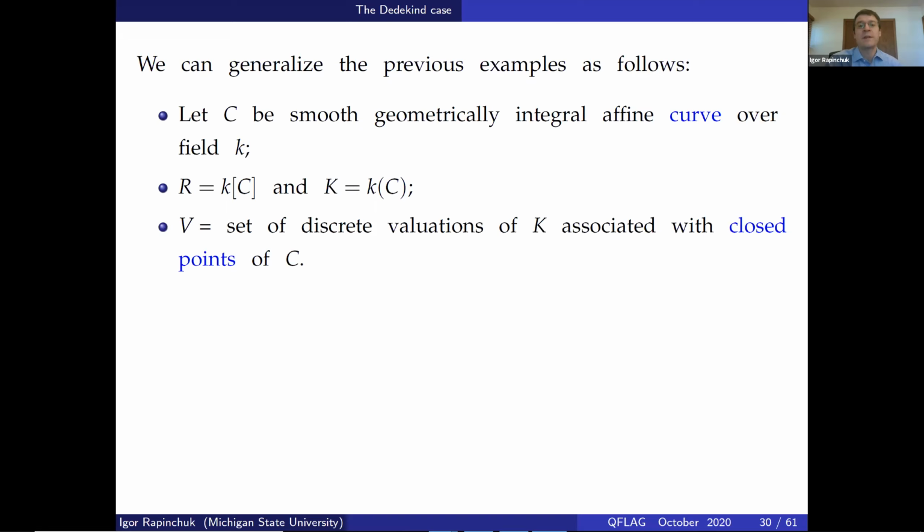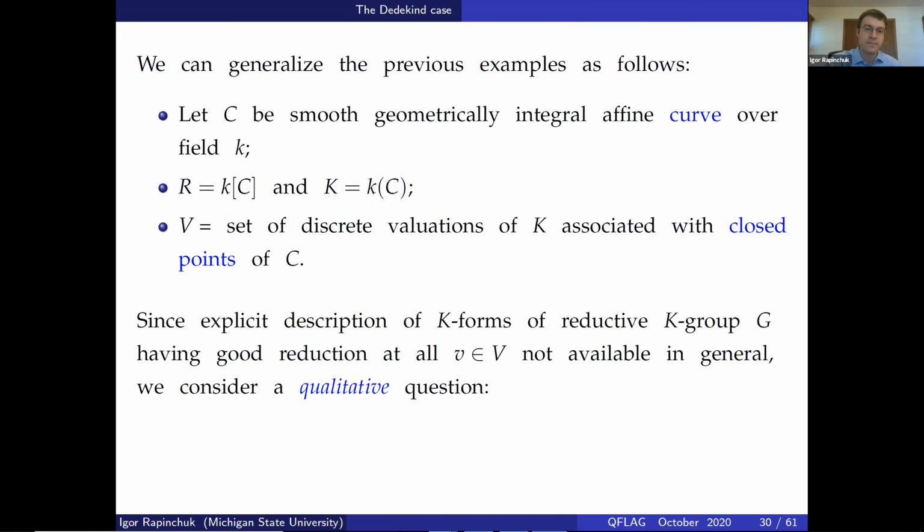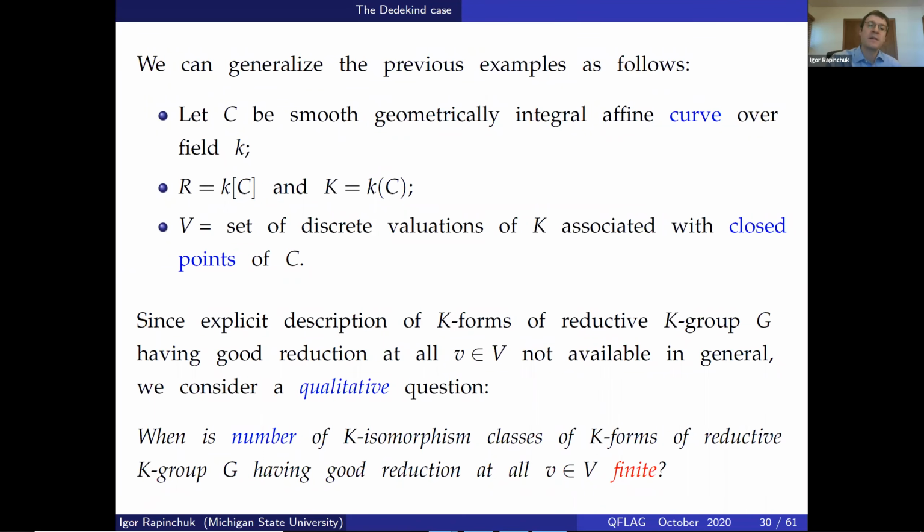And then we work with a set of discrete valuations associated with the closed points of C. Now, as far as I know, at this level of generality, there is no good explicit description of K-forms of good reduction. So we can instead consider the following more qualitative question. When is the number of K-isomorphism classes of K-forms of reductive groups which have good reduction at all v in V finite? When do we have only finitely many such forms?